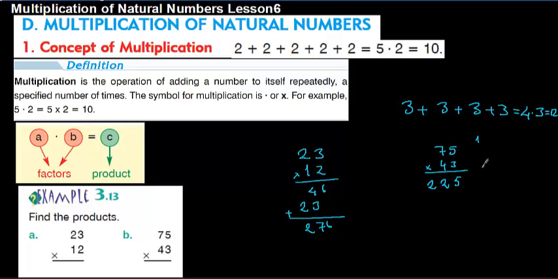So 3 times 75 makes 225. Now we are going to multiply 75 by 4.